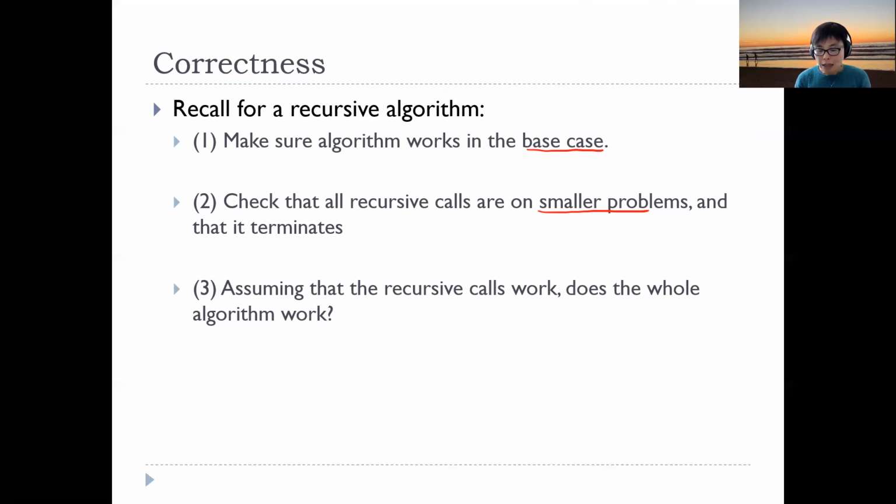And the last one is the inductive step. Within one recursive call, if you assume that the lower recursive calls all work, then the current algorithm also works. And if we can convince ourselves of these 3 steps, then we can convince ourselves that the algorithm is correct.